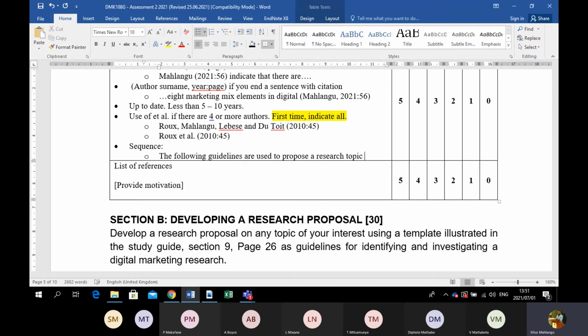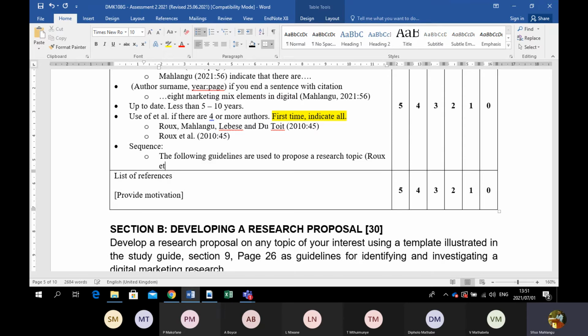So we have to indicate where we found these guidelines. If they come from various authors, let's say they come from this article, we will say they come from Roux et al. There is always a full stop after et al.